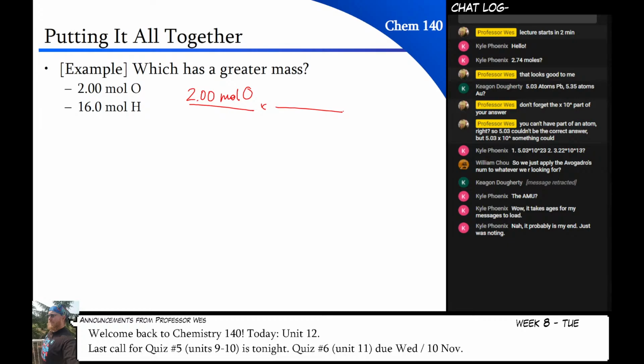So, if I have 2 moles of oxygen, I could turn moles of oxygen into grams of oxygen by looking up the mass per mole on the periodic table. And according to the periodic table, there are 15.999 grams per mole.